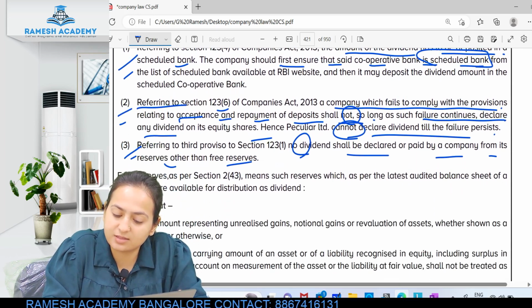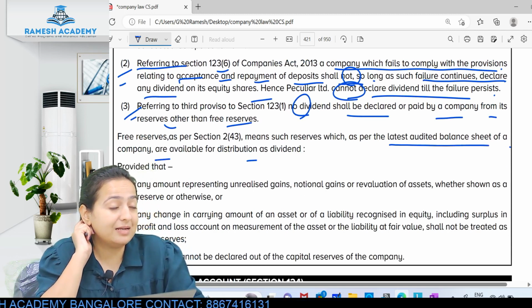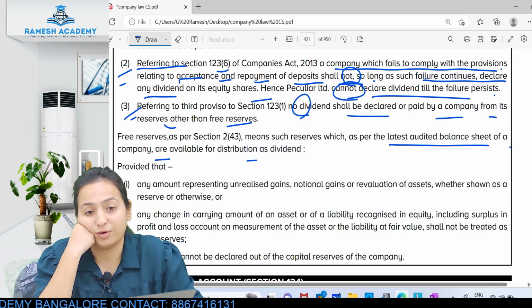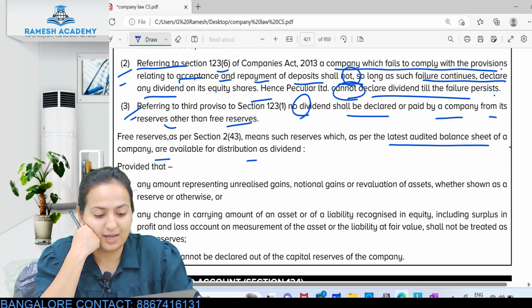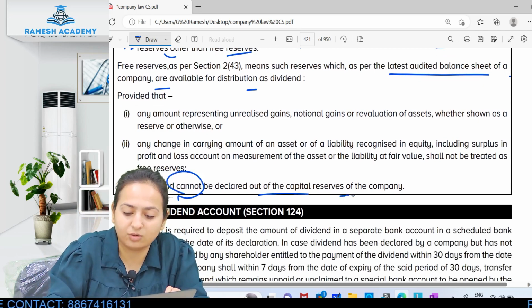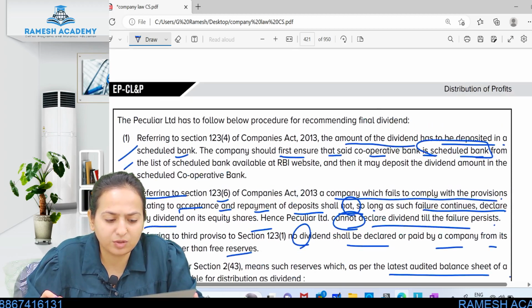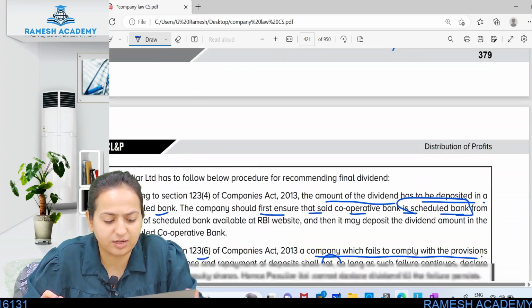Reserves means as per the latest audited balance sheet, which are available for the distribution of profit as dividend. So, dividend cannot be declared out of the capital reserves of the company. So, this is about the illustration that we have read.